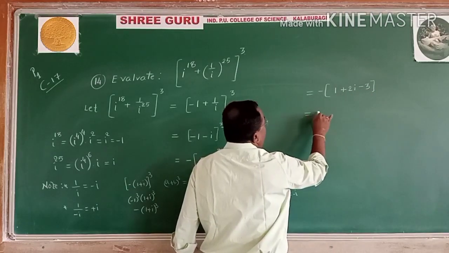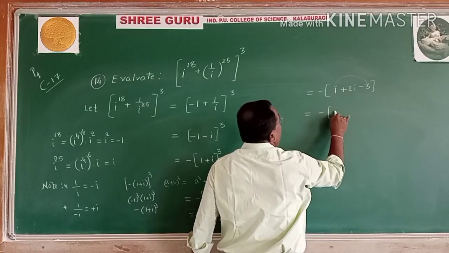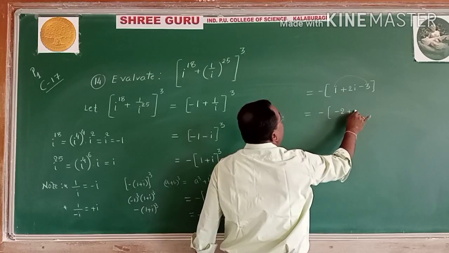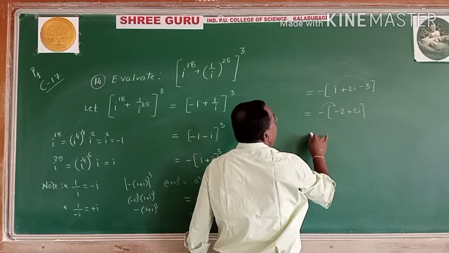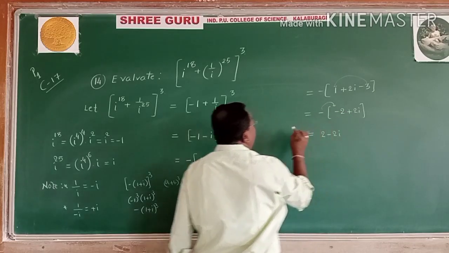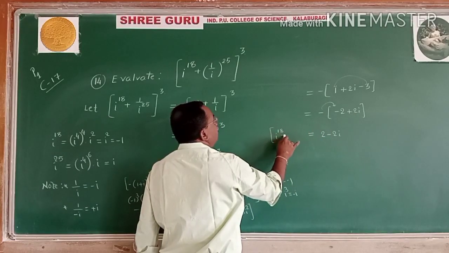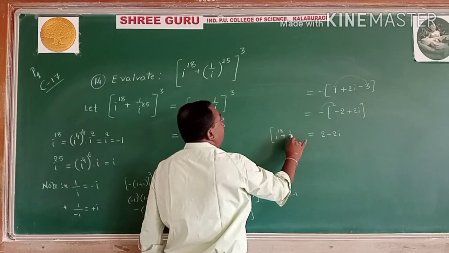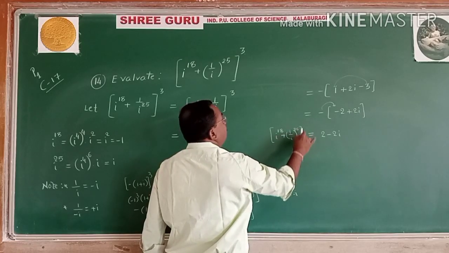That is equal to minus, as it is here, minus 3 plus 1 minus 2 plus 2i. Apply the negative sign inside: minus minus plus 2 minus 2i. Therefore (i power 18 plus 1 by i to the power 25) whole cube value is this.